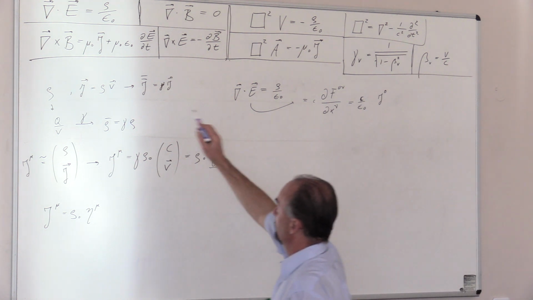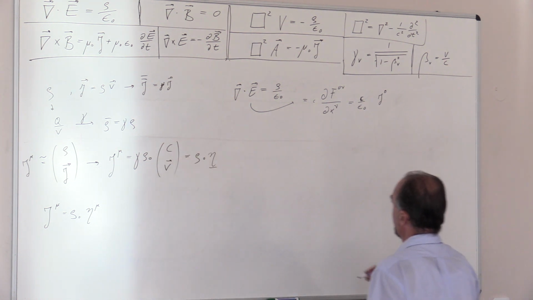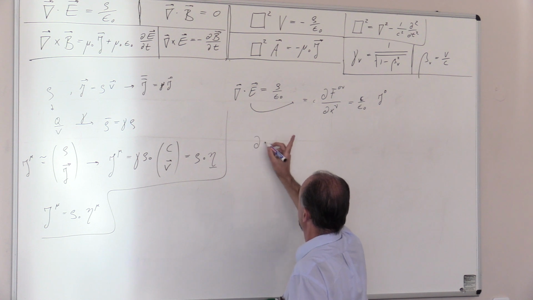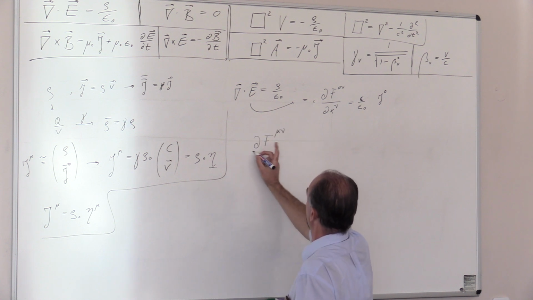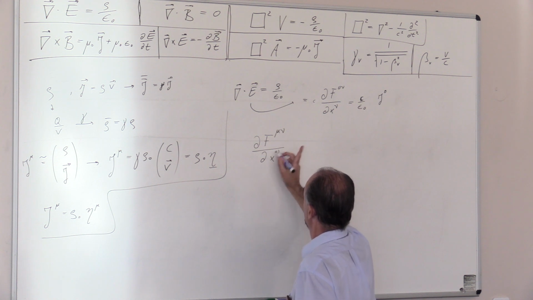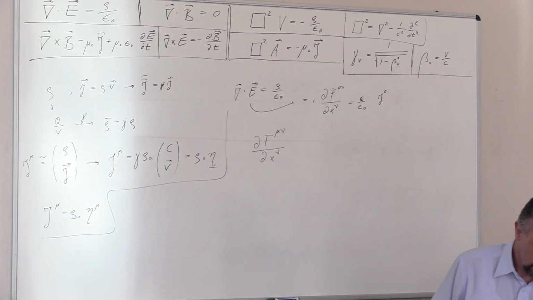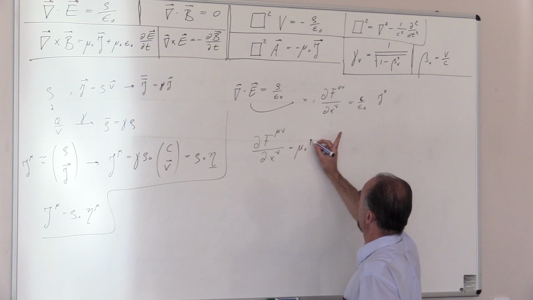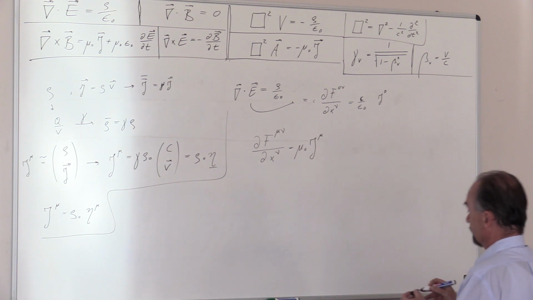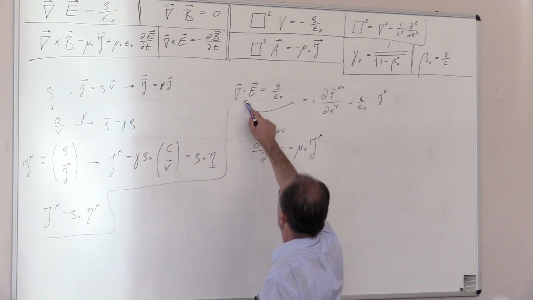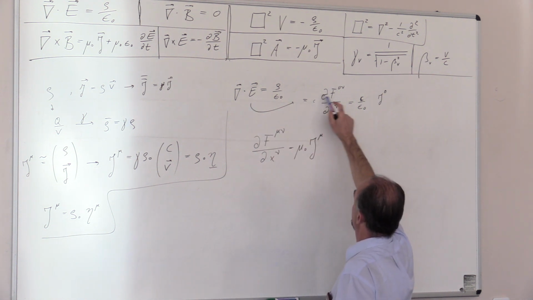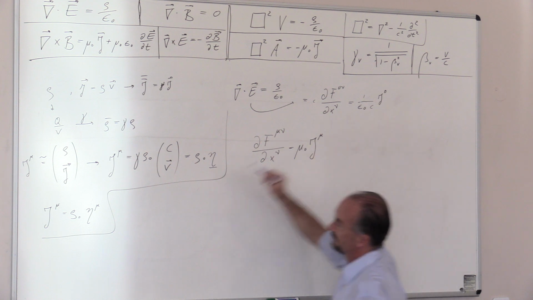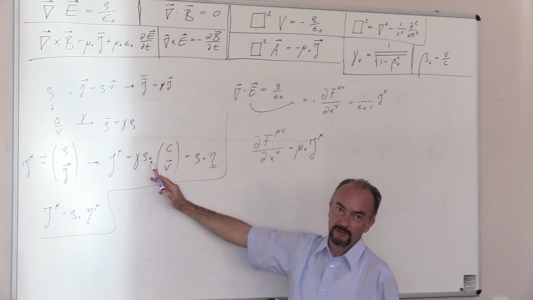and if you figure out the other Maxwell's equations, what it comes down to is that generally we have dF mu nu over dx nu equals mu naught J. You still need to figure out, so divergence E, this is 1 over C, and of course we have to divide by C, right? 1 over C, because J naught is C times rho naught.